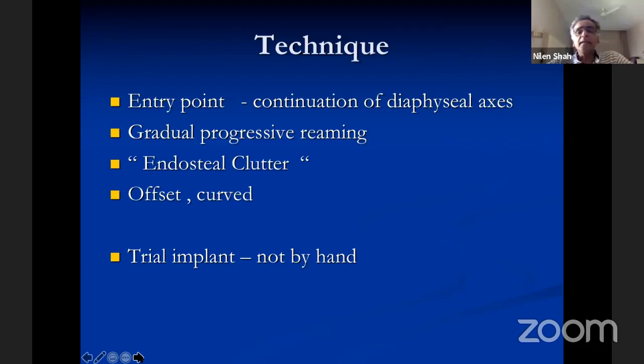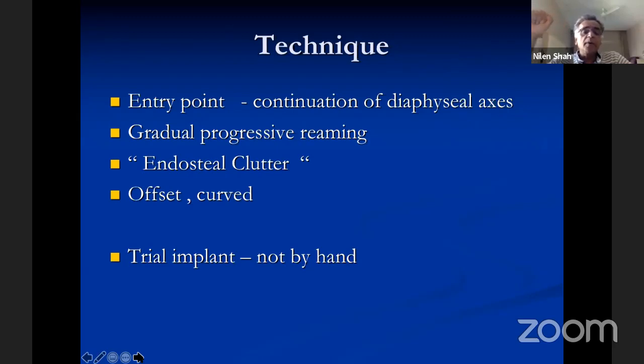What is the technique? You take the entry point, which is the continuation of the diaphyseal axis. It is very often not the actual center of the knee, so you have to look at a long leg X-ray of the femur in AP and lateral planes, or of the tibia similarly, and find out where the entry point would be. Then you gradually ream from low to a higher degree until you get an endosteal chatter.